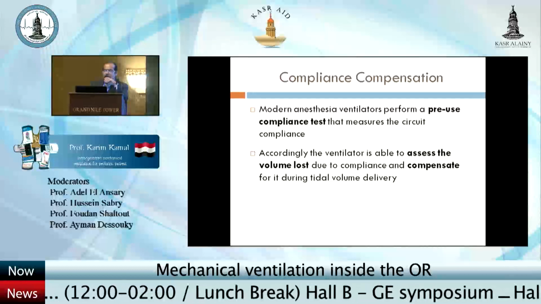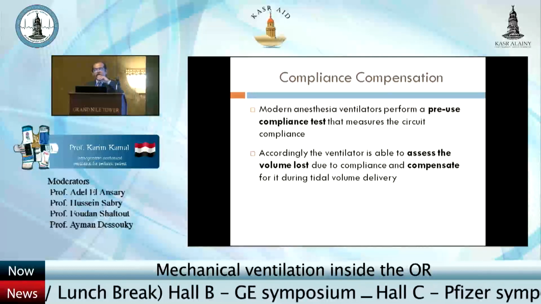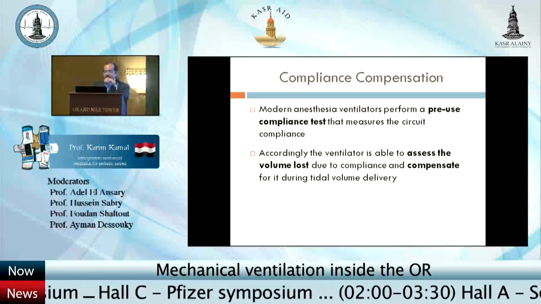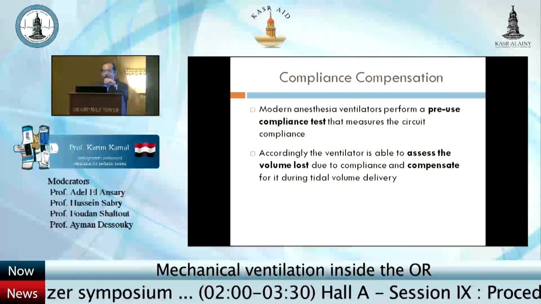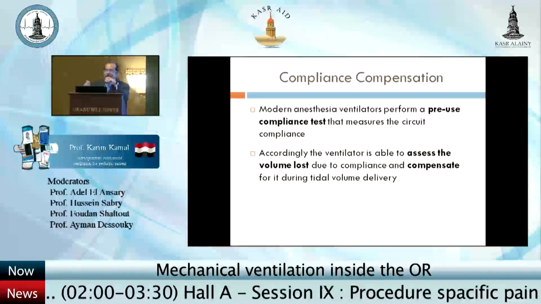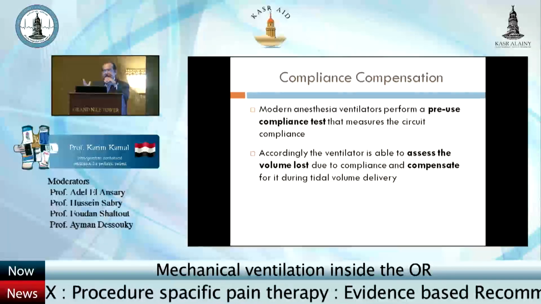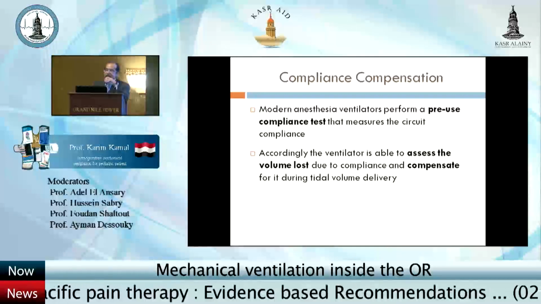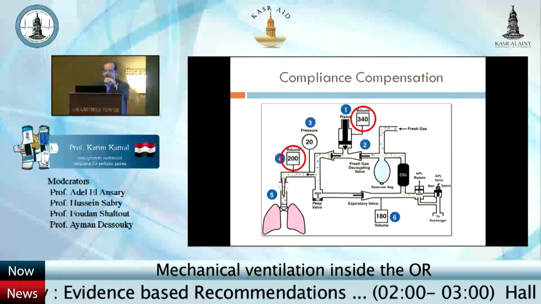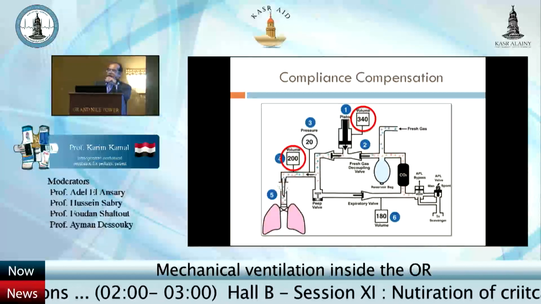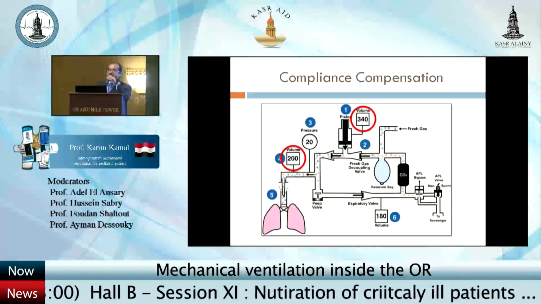So, the modern anesthesia ventilators perform what is known as a pre-use compliance test that measures the circuit compliance, and accordingly, the ventilator is able to assess the volume lost due to compliance and compensate for it during tidal volume delivery. So, if you look at this modern anesthesia machine, I want to set a tidal volume of 200.